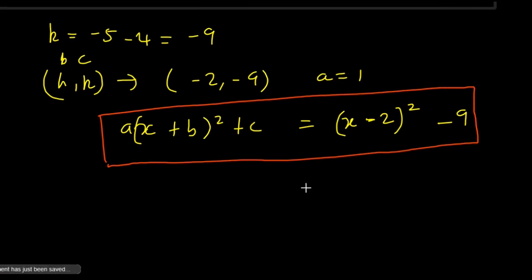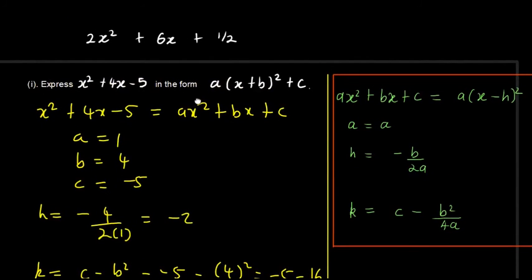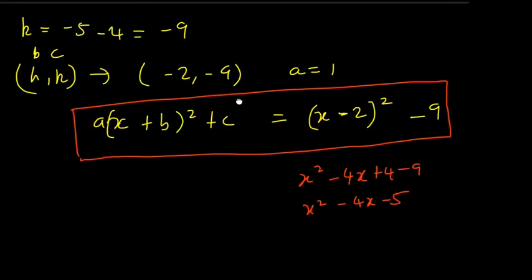To prove if your answer is correct, you can simply expand. So it's x squared minus 4x plus 4 minus 9, which is x squared minus 4x minus 5. Okay, we made a mistake somewhere. It should be plus 4x.